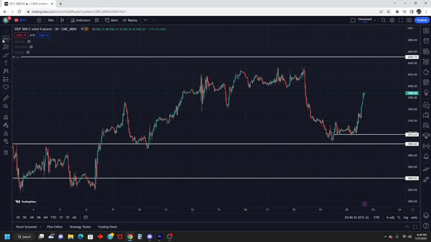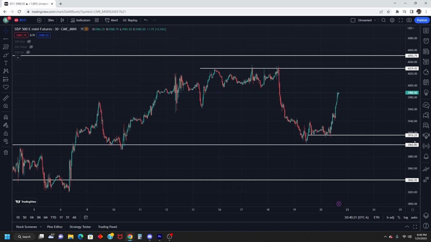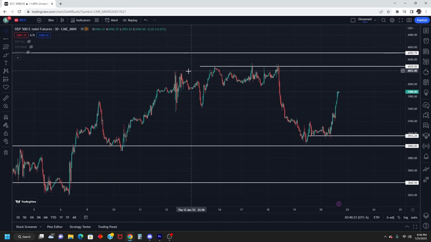40-27, 40-30, where they distributed their shares. They continually distributed their shares over this top that they made on the 12th of January. Redistribution. When there is a lot of buyers trying to buy this breakout, trying to get above this area, which it failed to do because it was capturing liquidity at these highs and further sold off.